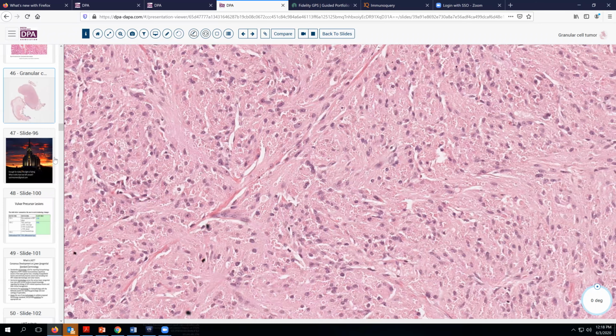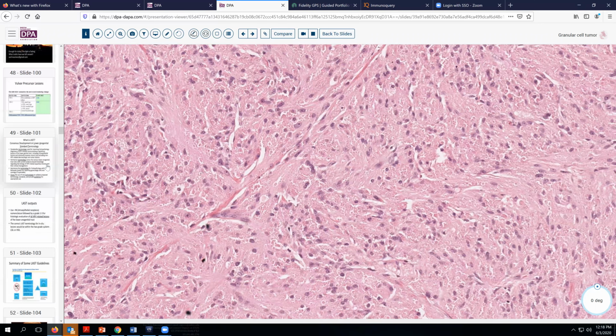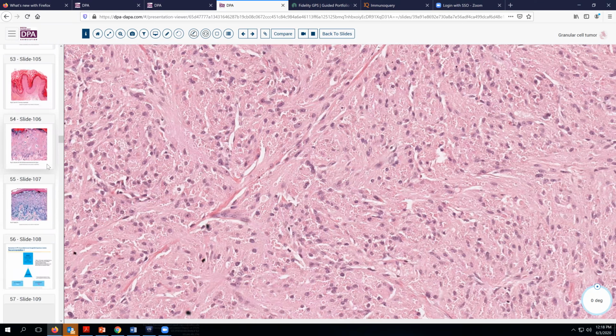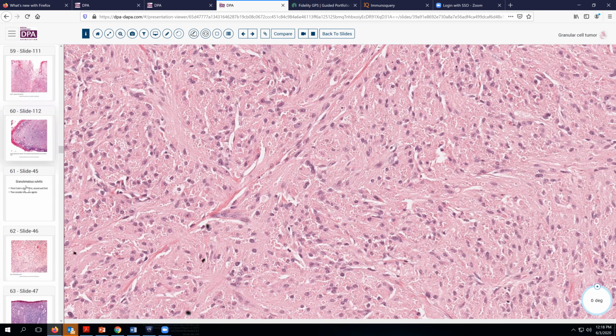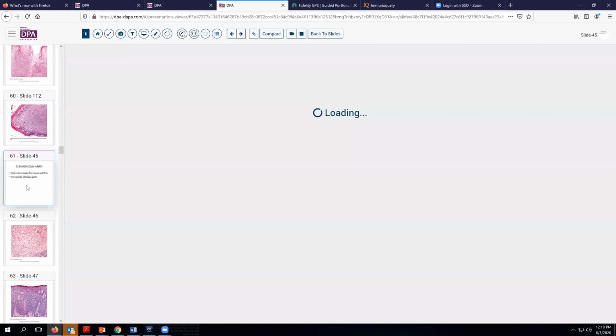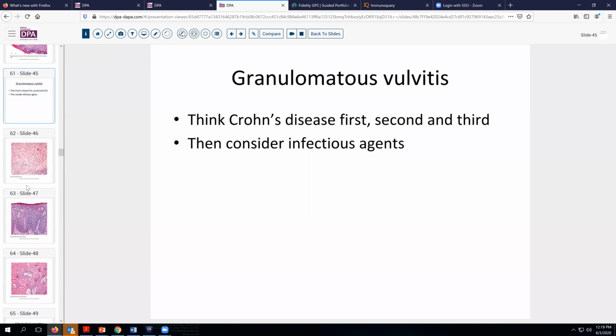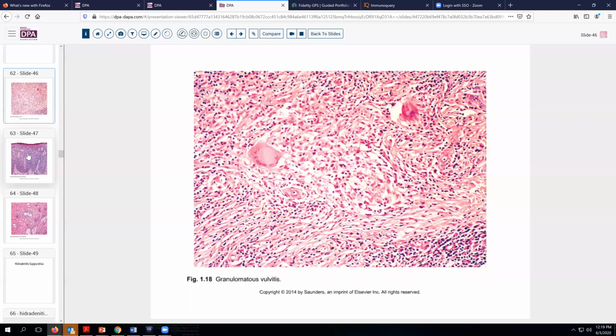Okay, I'm going to jump down here a little bit to granulomatous vulvitis. If you see granulomas in the vulva, you've got to have three thoughts, and all three of them ought to be Crohn's disease. After that, then you can begin to think about other lesions, like infectious agents and so forth. So here's an example of this.